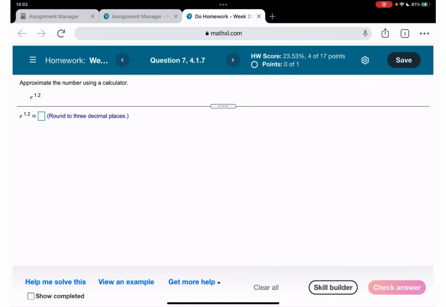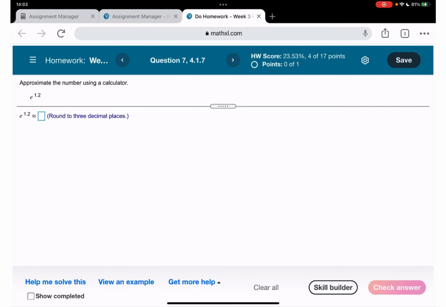Next, e to the power 1.2. Where is my e? Every phone that has the letter e, because e is known as a growth constant, the constant 2.71 and a whole nine yards of decimals. So I have e in my scientific calculator.